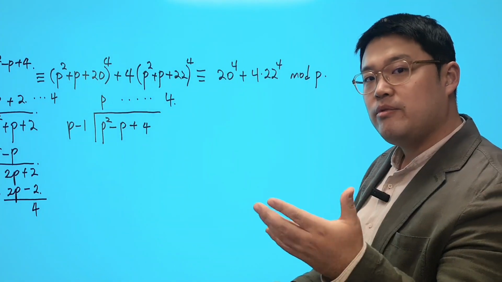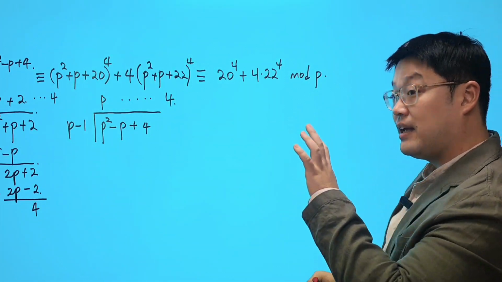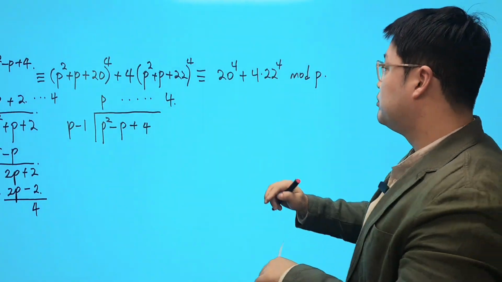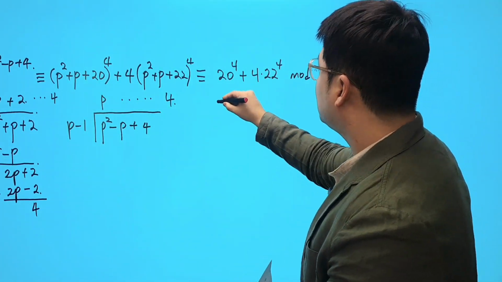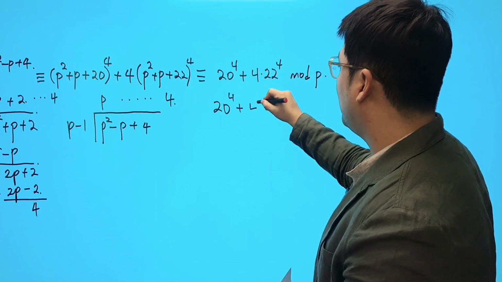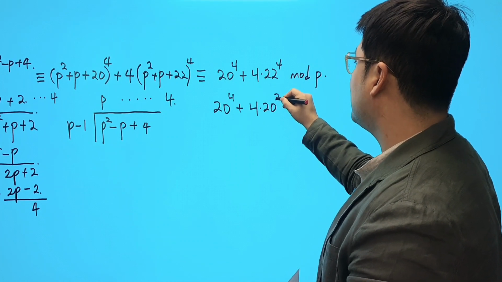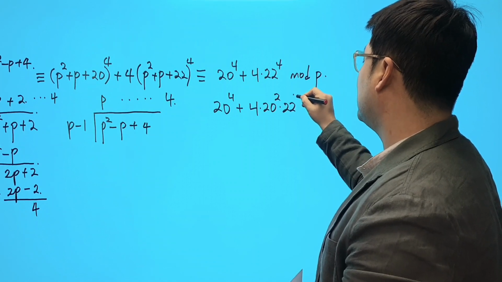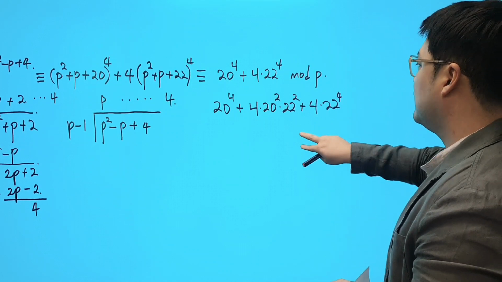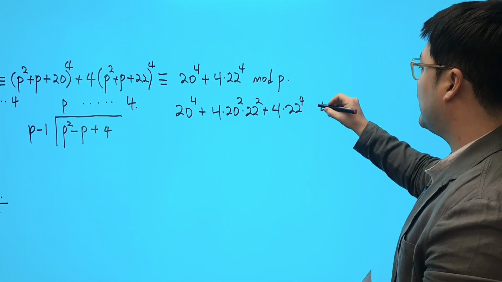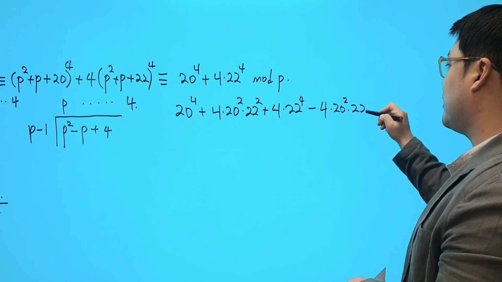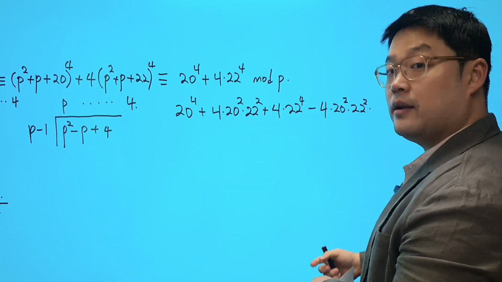Probably we can use some algebraic tools. It's going to be better off if we add some expressions: 4 times 20 squared times 22 squared, plus 4 times 22 to the power of 4, minus 4 times 20 squared times 22 squared. It looks like Sophie Germain, right?